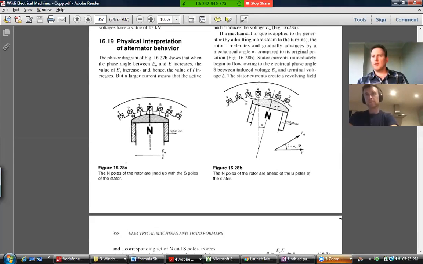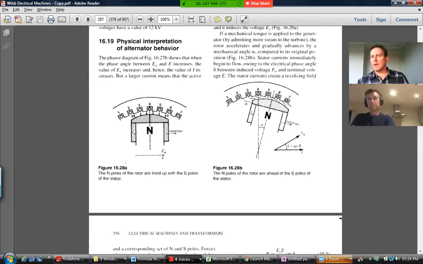E naught is what is induced by, well, they're kind of together. E and E naught get superimposed in here. E is happening from the grid. E naught is happening from this induction process as this magnet moves around.